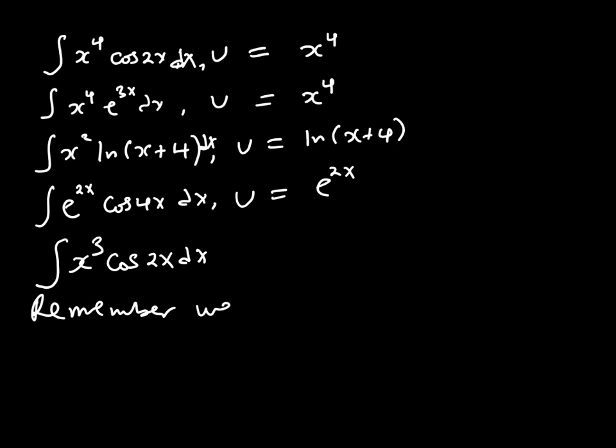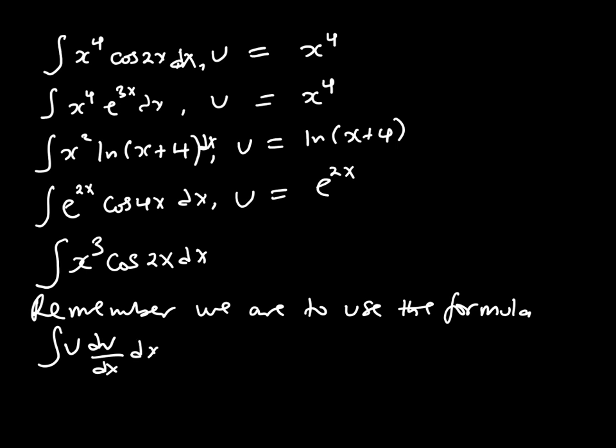Remember, we are to use the formula: the integral of u dv by dx with respect to x equals uv minus the integral of v du by dx with respect to x.